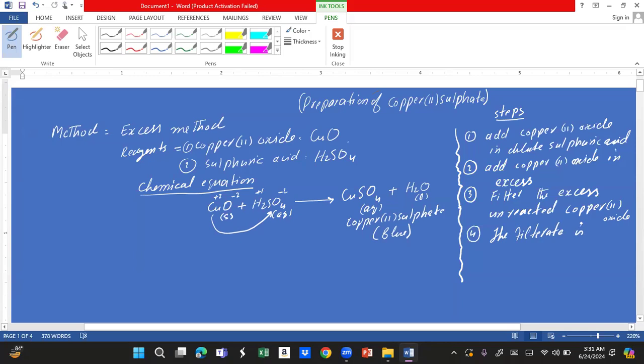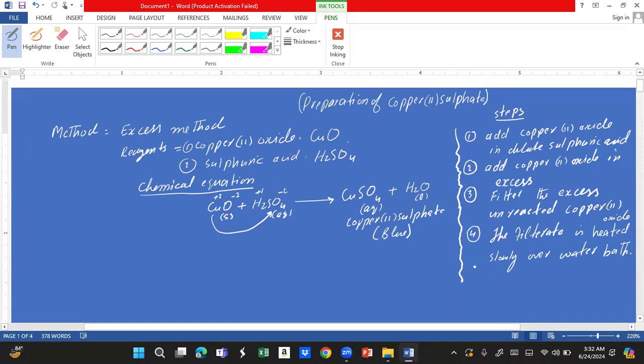The filtrate is heated slowly over a water bath. Why is it being heated over a water bath? So that the crystals formed may not break or spread out during formation.